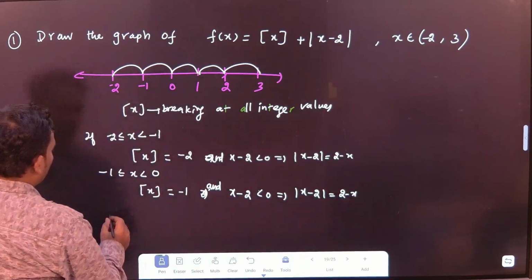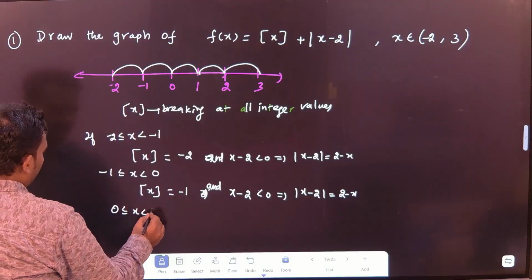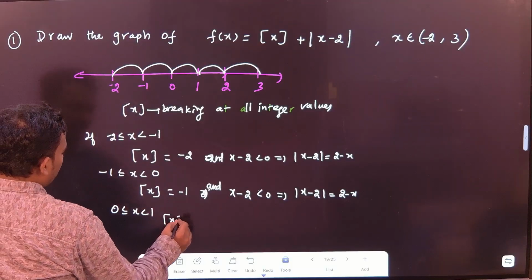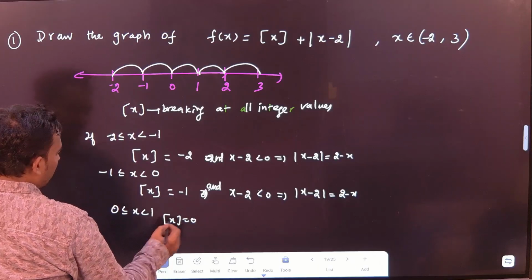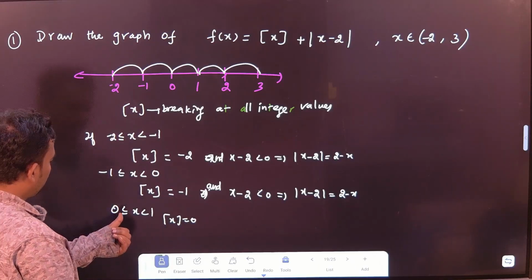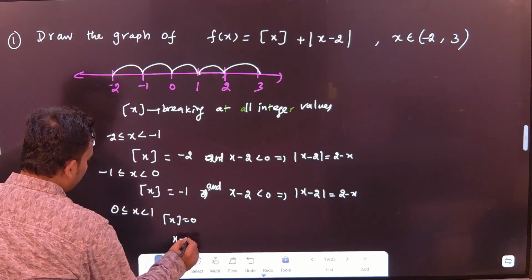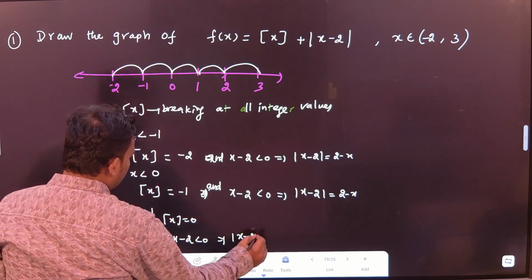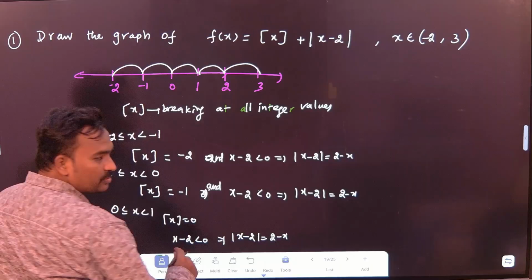There is no issue. Then 0 to 1 you can take. For 0 to 1, the greatest integer function will be 0. What about the x - 2? You can add -2. So definitely x - 2 is less than 0. Therefore mod x - 2, how to write? 2 minus x, because minus of x - 2.